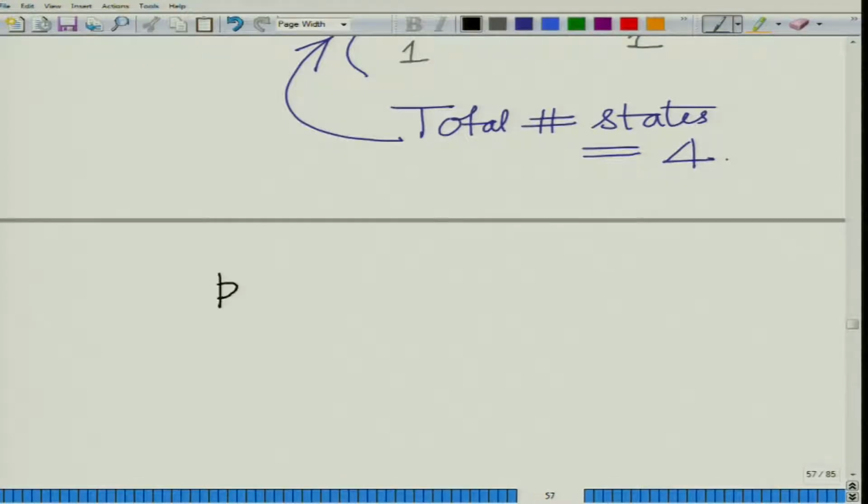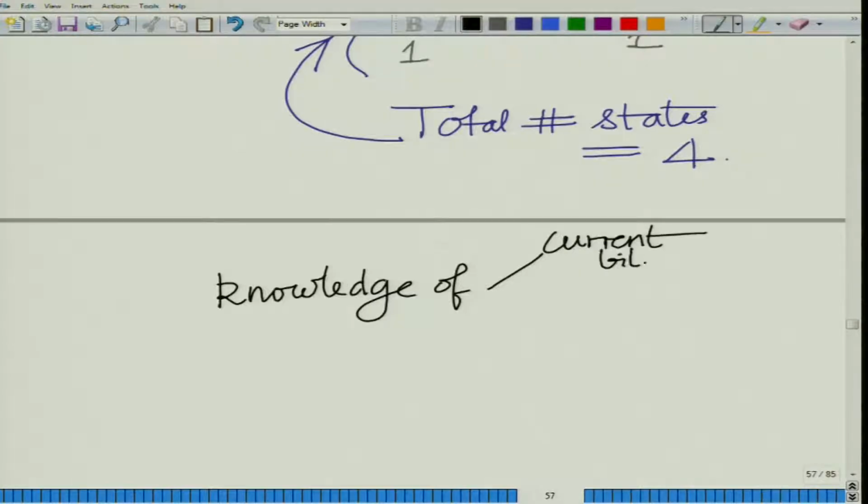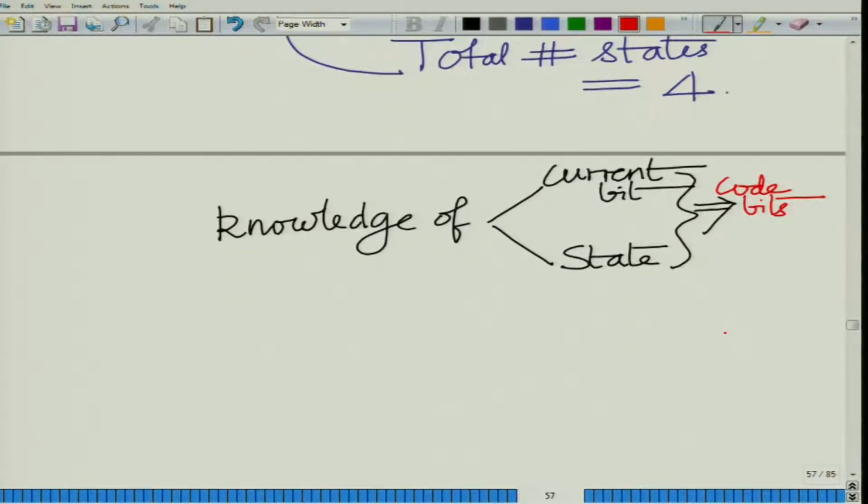So knowledge of the current bit and the state, these together help us generate the code bits, of course, at any time instant.